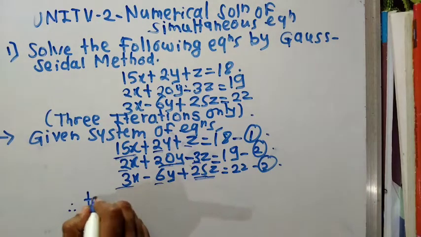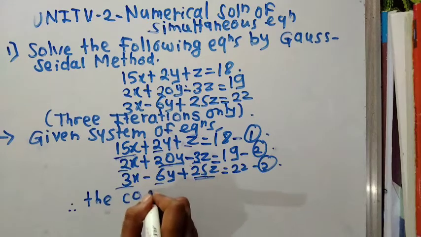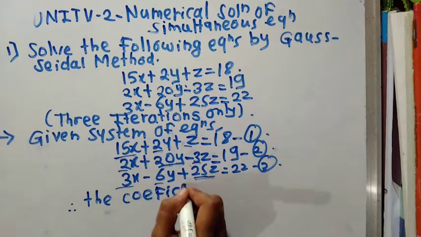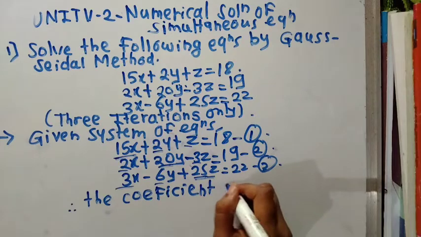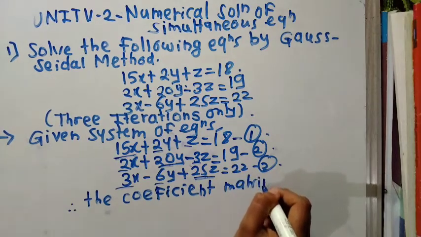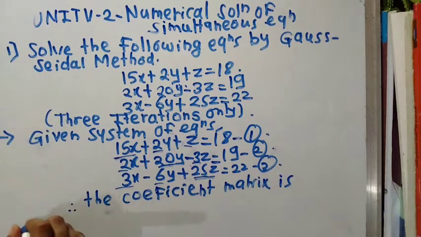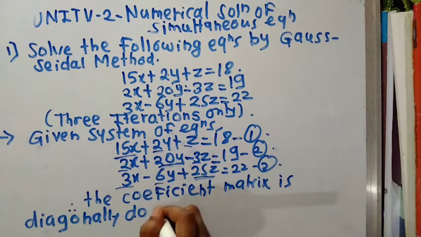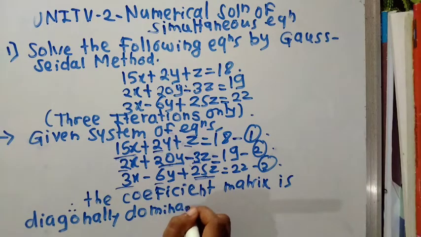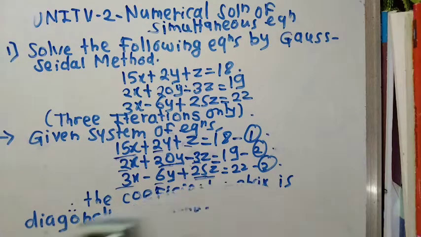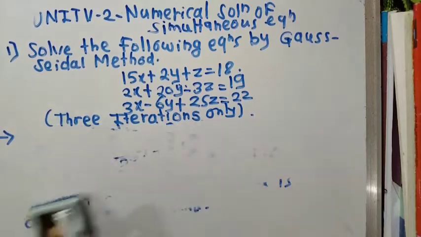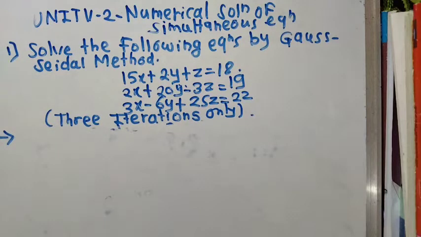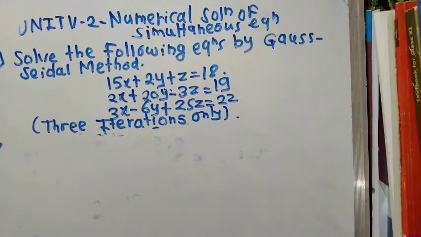Hence the coefficient matrix is diagonally dominant.